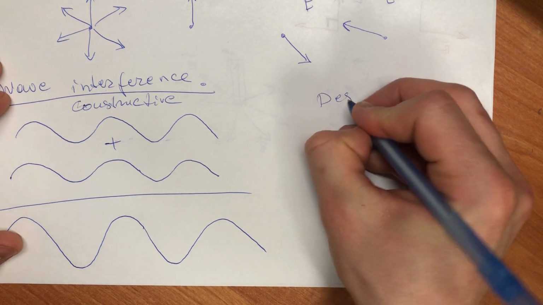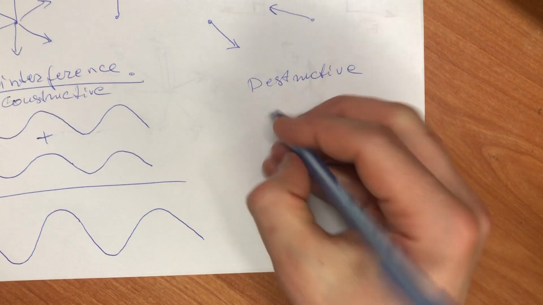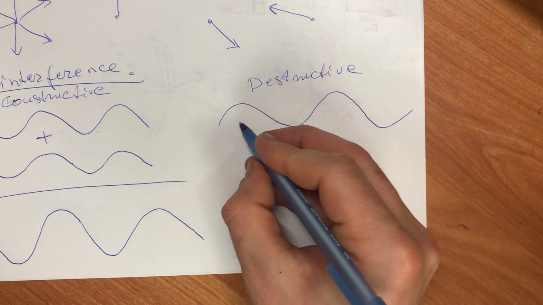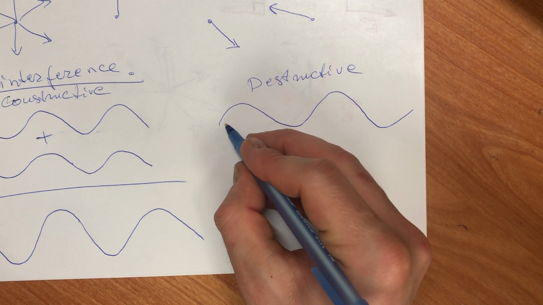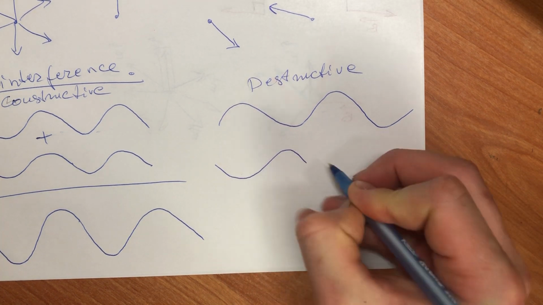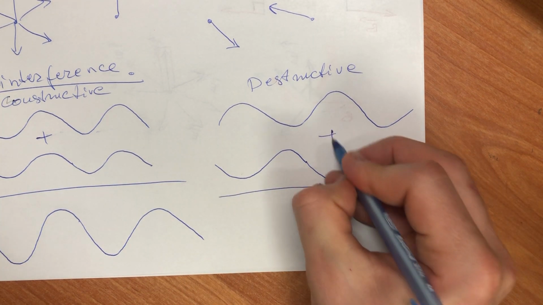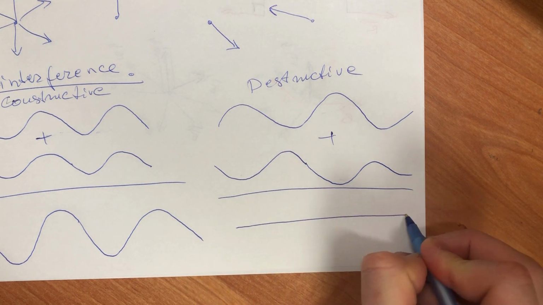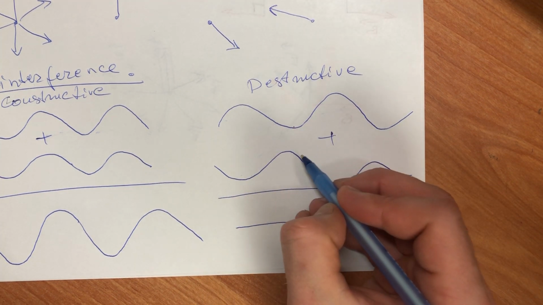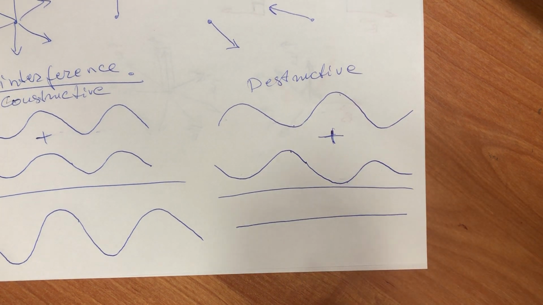And another one is destructive. In destructive interference, when there is a maximum of one wave, there is a minimum of another wave. After we sum these two, we get 0. This cancels out this, and this cancels out this, so the amplitude is 0.